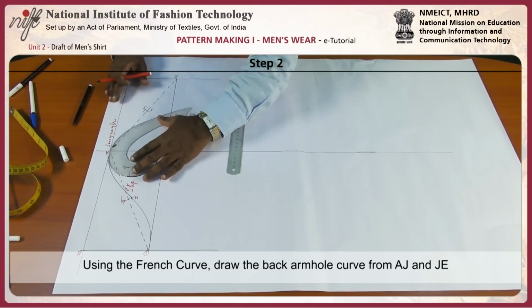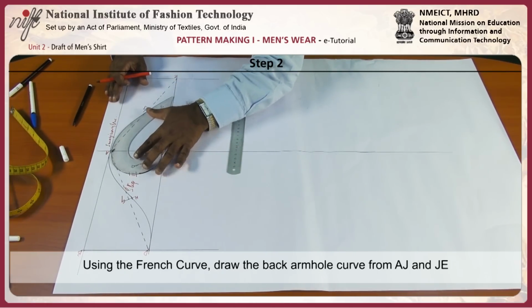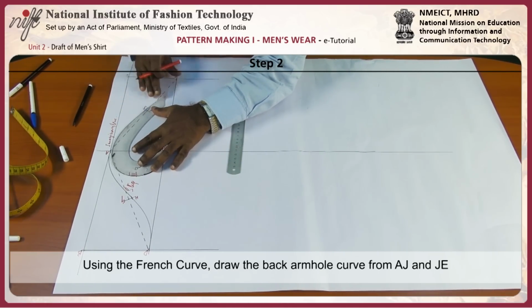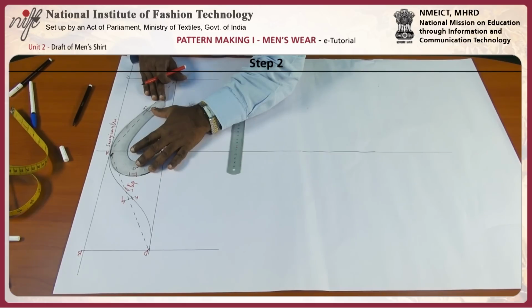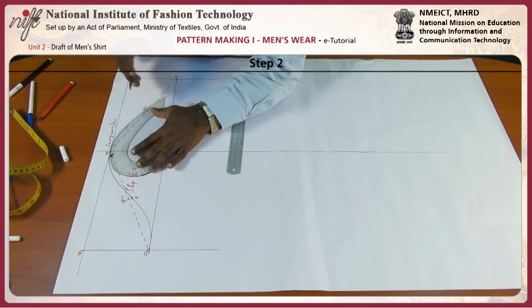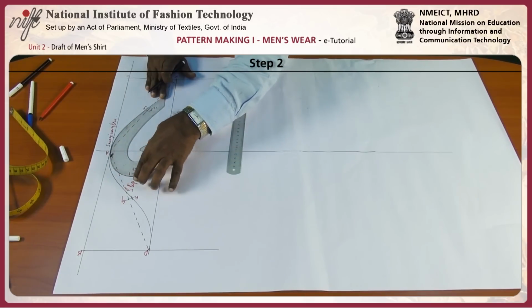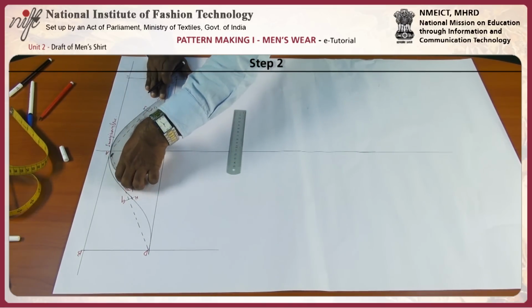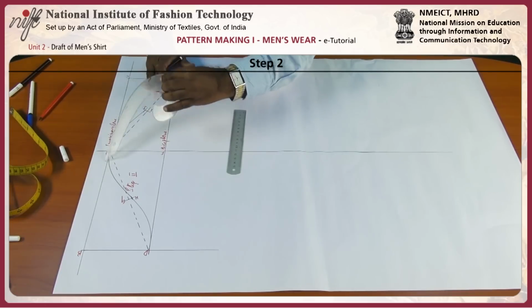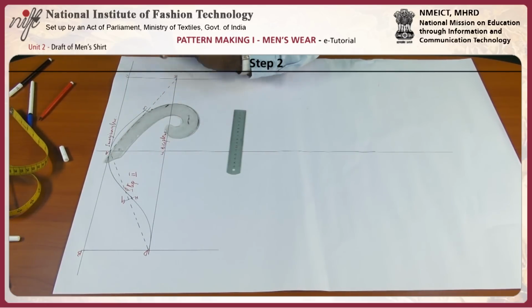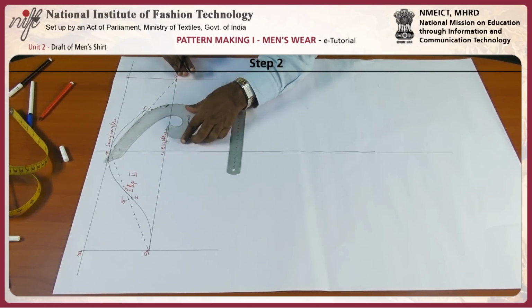Need to place French curve like this and align to point J. See this kept like this, then it should be tilted to opposite angle.